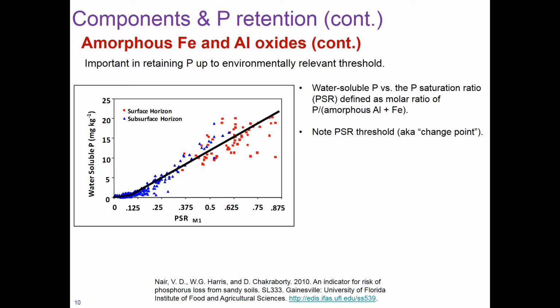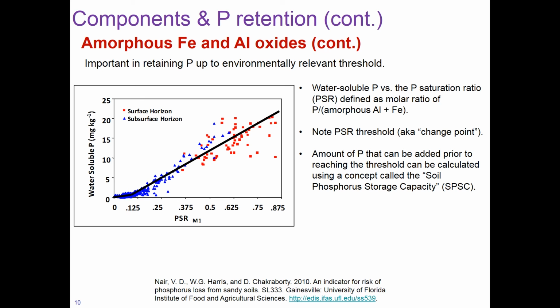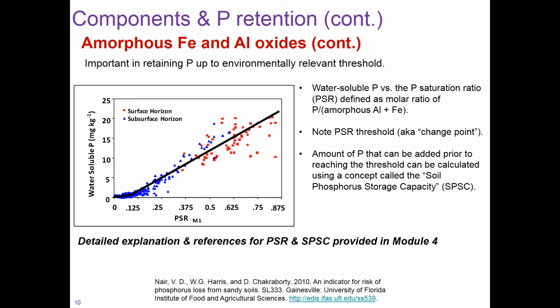That threshold is also known as the change point. It's possible to calculate the amount of phosphorus that can be added prior to reaching the threshold using a concept called the soil phosphorus storage capacity, or SPSC. Detailed explanation and references for the PSR and SPSC are provided in Module 4 of this series.